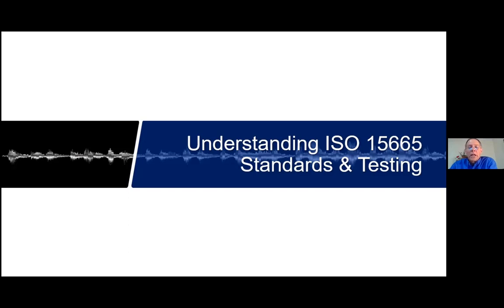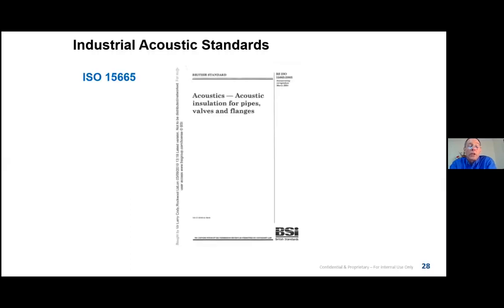But when you're looking at the industrial world, there's a standard called ISO 15665 that I mentioned earlier, been very widely accepted on a global basis as the true standard for governing the way you look at acoustic insulation systems for pipes, valves, and flanges in an industrial setting.